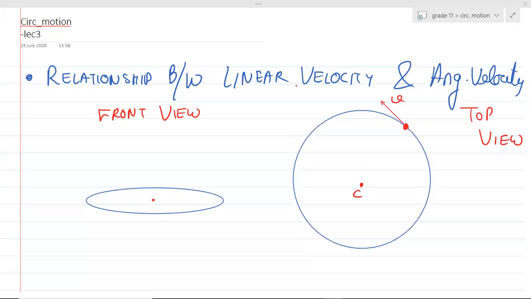See, so if I have the velocity vector always tangential, so can you see if I connect this velocity vector, which is basically going tangential, so is it going like this?